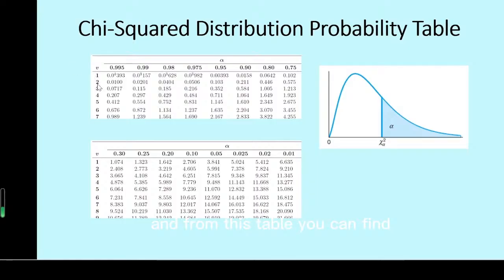From this table, you can find the degrees of freedom in the left column, alpha as the shaded area, and the chi-square value. For example, for degrees of freedom 5, the value 7.289 gives 0.20 for alpha. So this shaded area probability is 0.2.